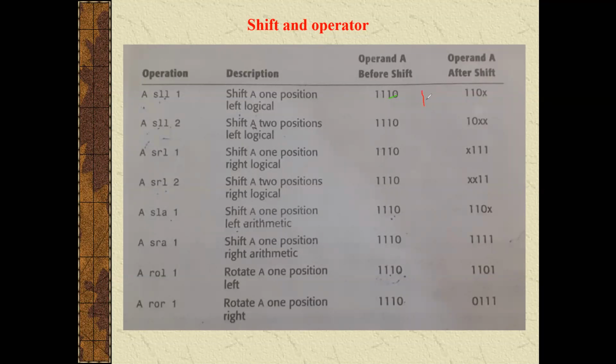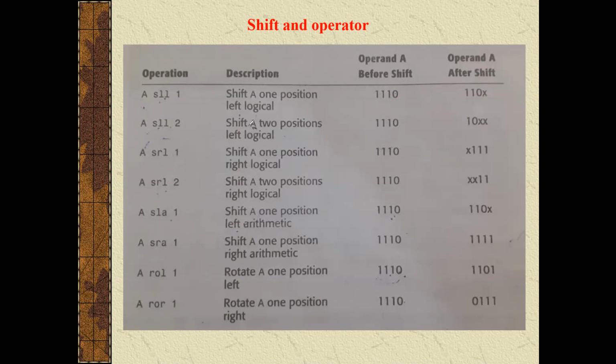This was 1110, and how do we get the result? This 0 is going to shift here, and then this is the unknown bit now: 110x. So here the 0 comes here, and each bit is going to shift to the left.